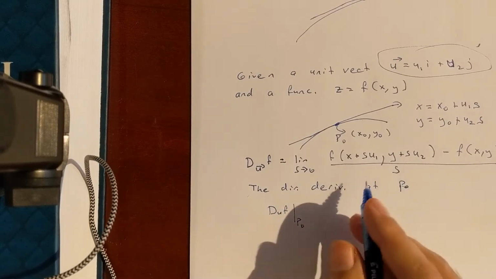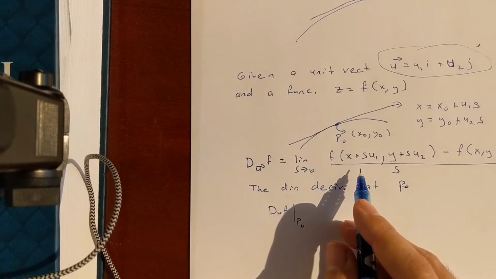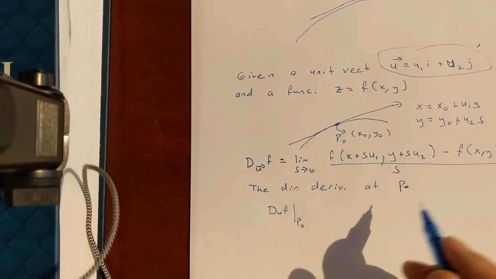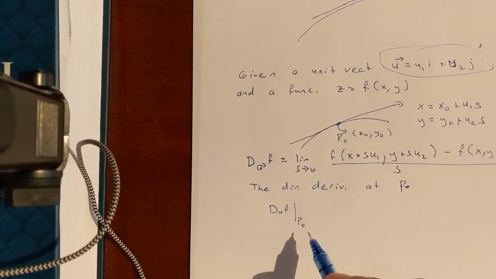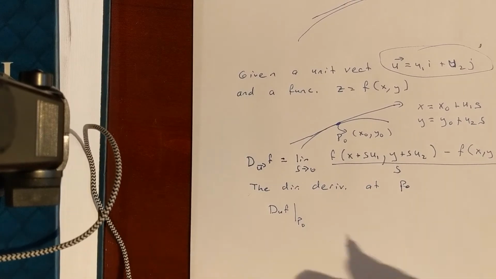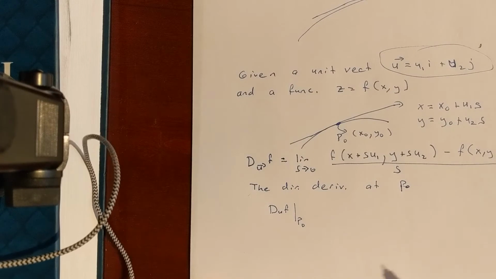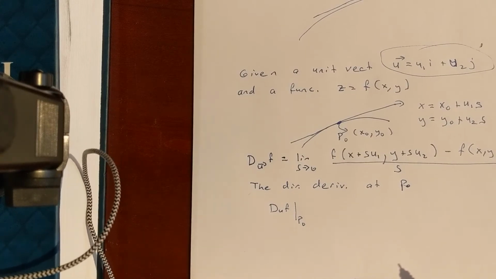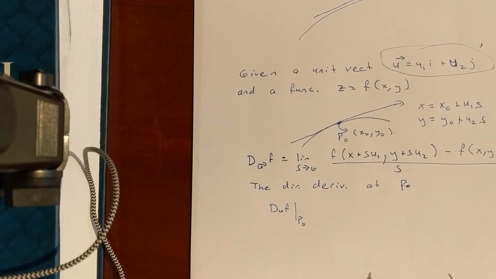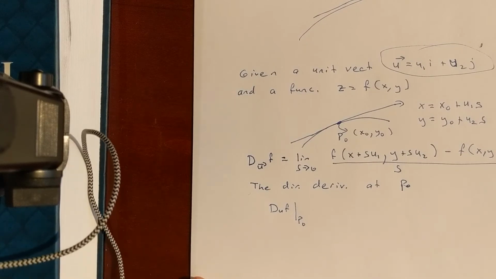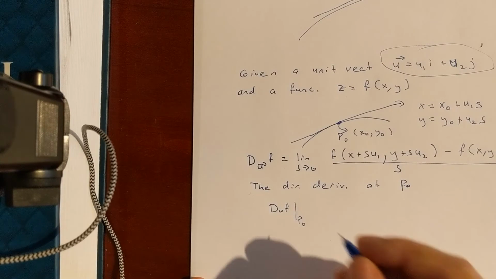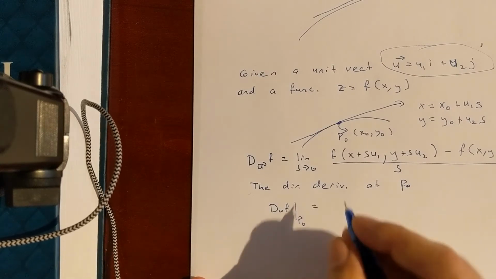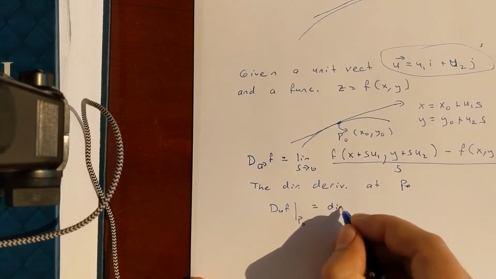At the end you're going to get a formula in x's and y's, and you just plug in the point p naught. If the limit exists, the directional derivative is going to exist. If it doesn't, it doesn't exist.